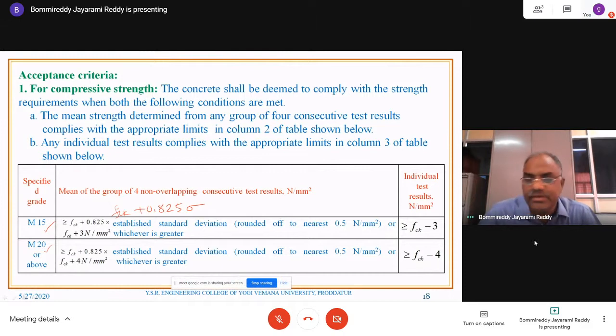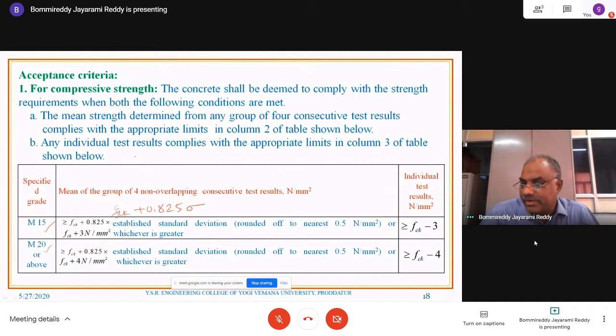So I will read this. The mean strength determined from any group of 4 consecutive test results complies with the appropriate limits in column 2 of the table shown below. So these are the reference values, and the compressive strength values tested in the field must be more than these values.